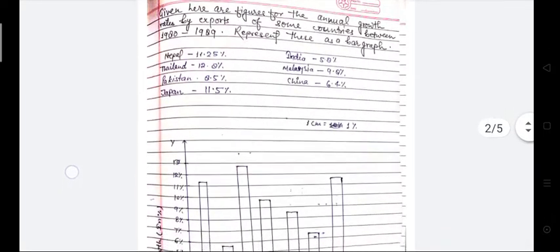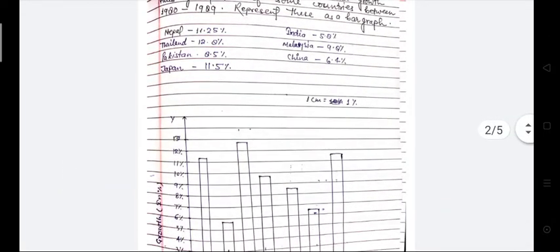So student, I hope the explanation of this question and the idea to form the bar graph for these data is clear to everyone. So let's see the next question.